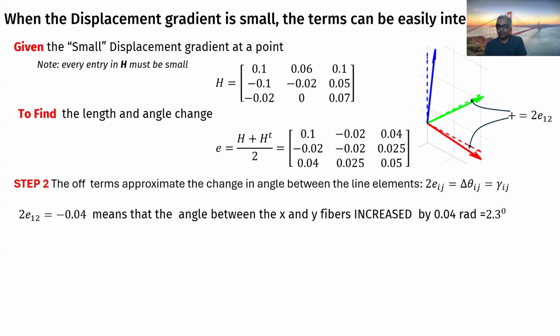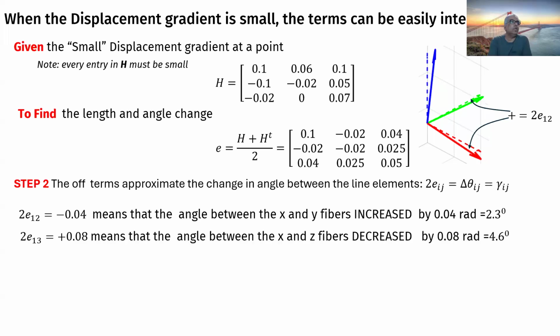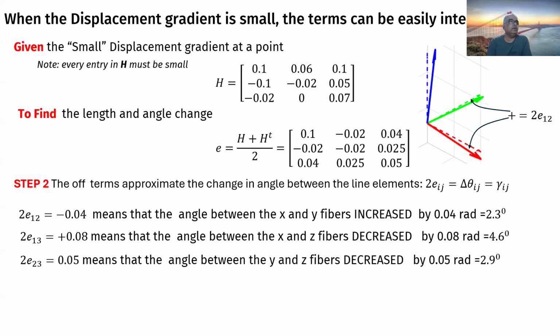So that's negative. Okay, 2E13 equal to 0.08 means that the angle between the X and Z fibers, 1 is X, 3 is Z, remember? So the angle between X and Z fibers decreased by 0.08 radians, which is 4.6 degrees. And the angle between the Y and Z fibers decreased by 0.05 radians, which is 2.9 degrees.